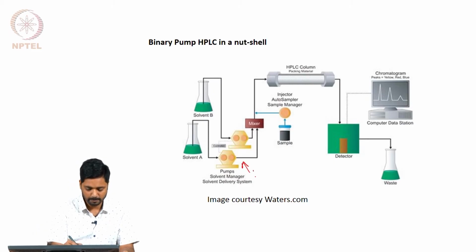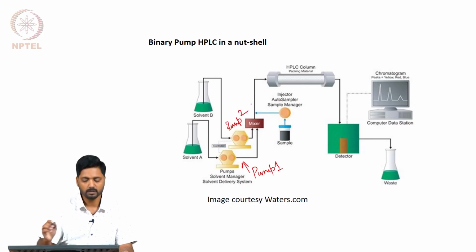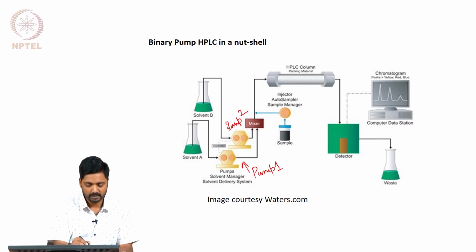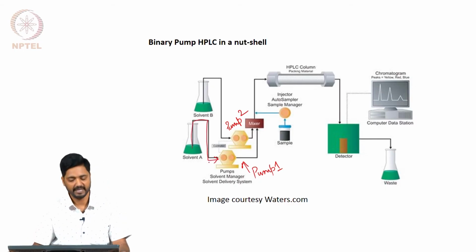So, this will be pump 1 for solvent A, and we also have another pump 2 for solvent B, and the rate at which these pumps pump the solvent will be utilized to control the volume fraction of the solvent that goes into our HPLC column.